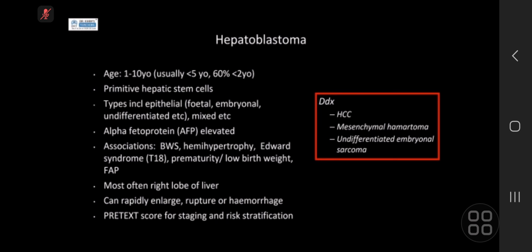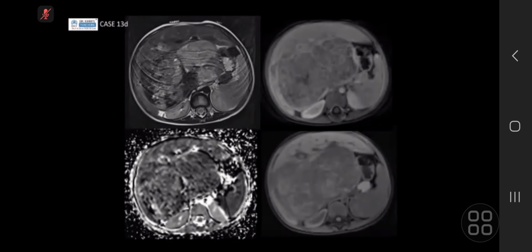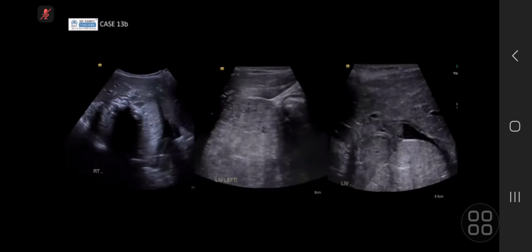Okay, so Sam, I'm just going to step in again with this and say that on the ultrasound, and you can see it on the CT and on the MR as well, you can see portal vein involvement with tumor thrombus. You can see there's thrombus within the portal vein on ultrasound. It's the right portal vein because I actually did this ultrasound, and any thrombus within the vascular structure with hepatoblastoma is defined as tumor thrombus.